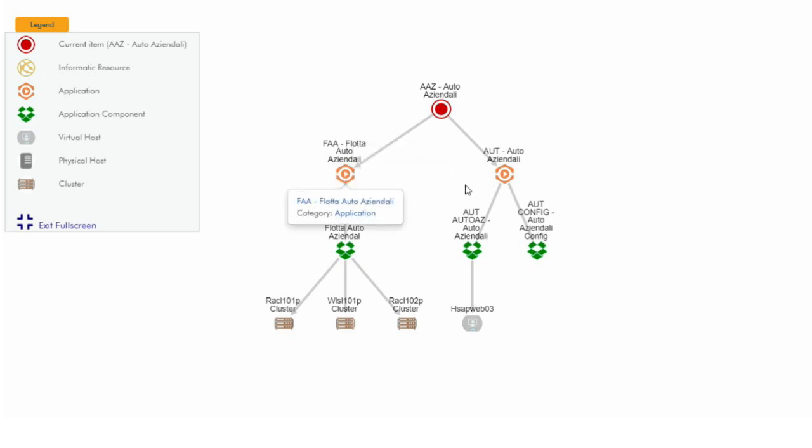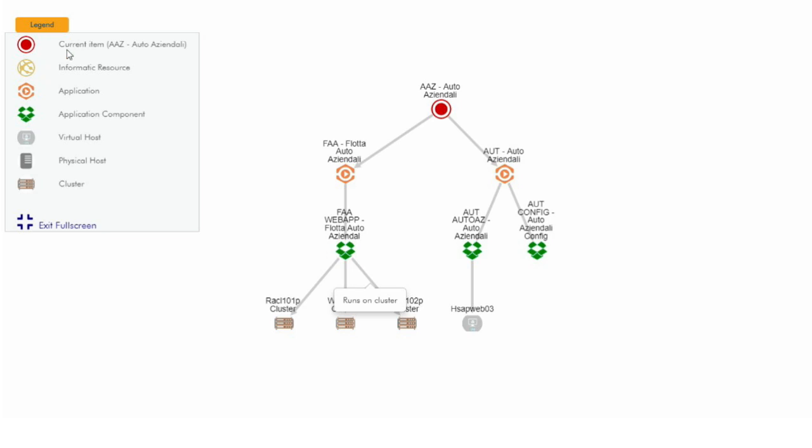This one, category application, and this one. But our application is composed of application components. This one and the other. And this application component runs on a host or cluster.